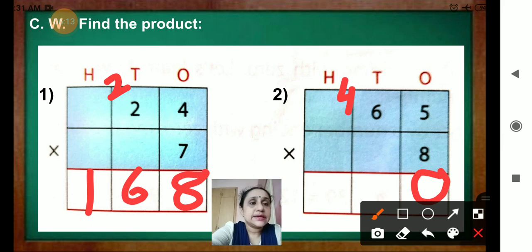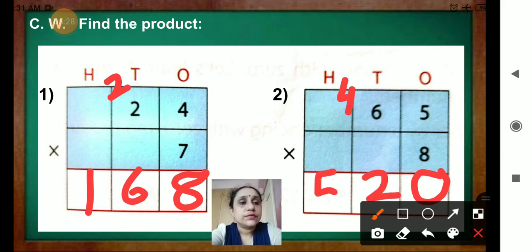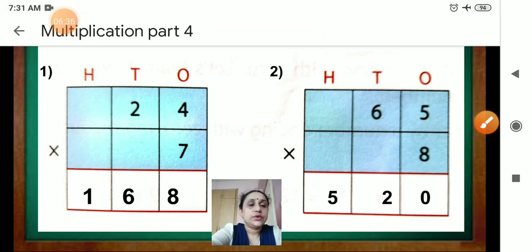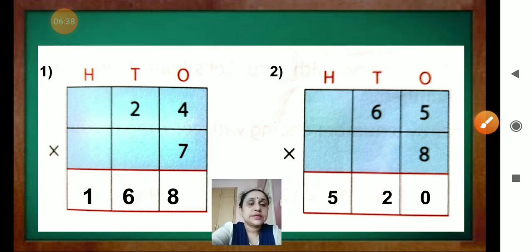Now 8 sixes are 48. 48 plus 4, count: 49, 50, 51, 52. So write like this, 52. Okay. Now look here. Correct answer. Finished?